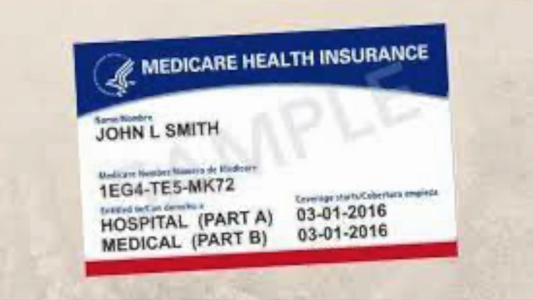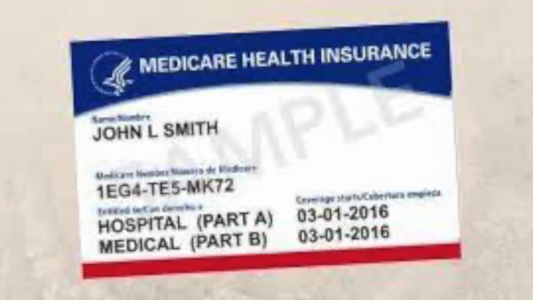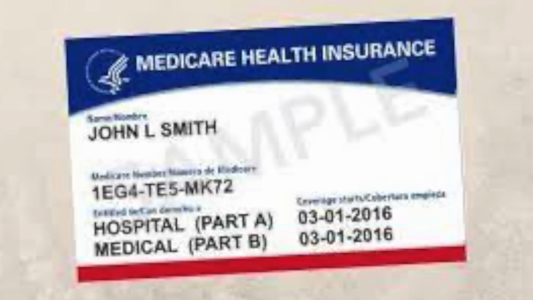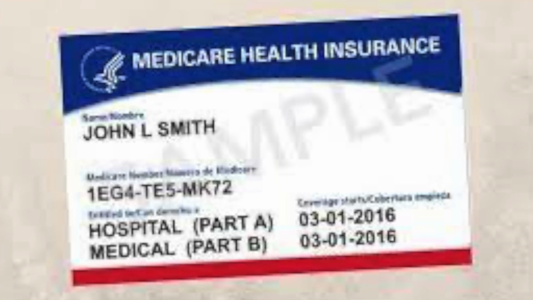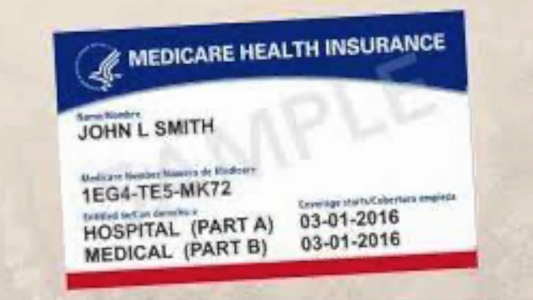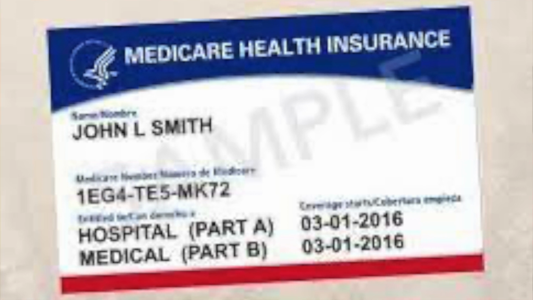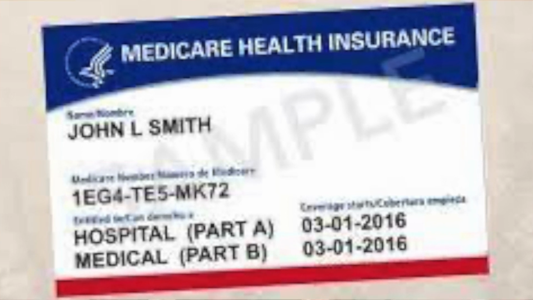So what I've described so far, Part A and Part B, and a Medigap Plan G, is Original Medicare with a Medigap plan. It allows you the freedom and the flexibility to go to any doctor, any hospital throughout the whole United States that accepts your red, white, and blue card, your Medicare card.